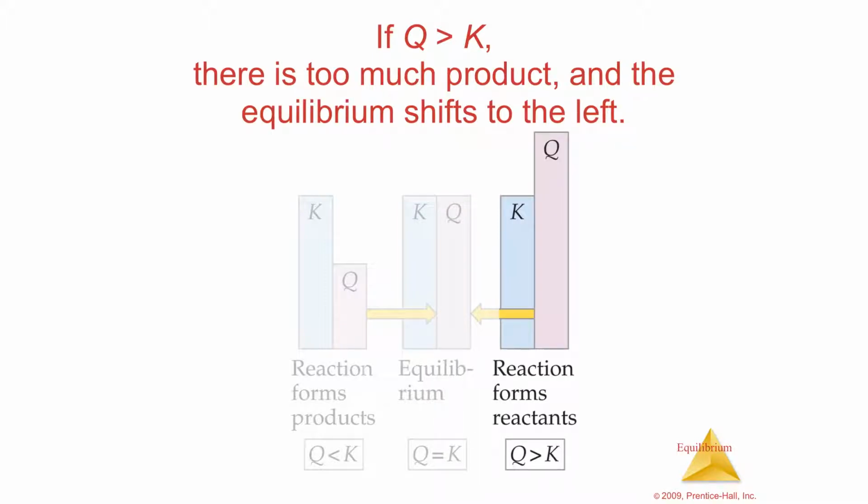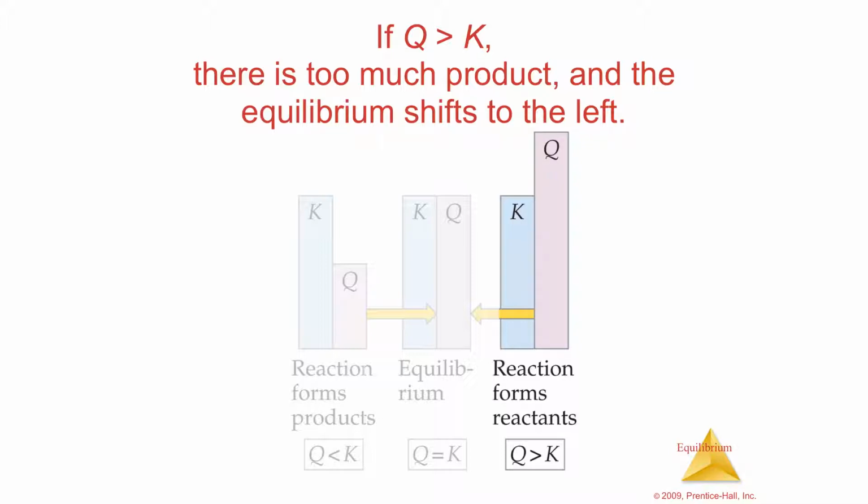If Q is greater than K, then at the moment I've got too much product, and I'm not at equilibrium yet. It's moving towards the left, so the products are being broken apart into reactants. It's moving towards more and more reactants. So if Q is bigger than K, then I've got too much on the right.